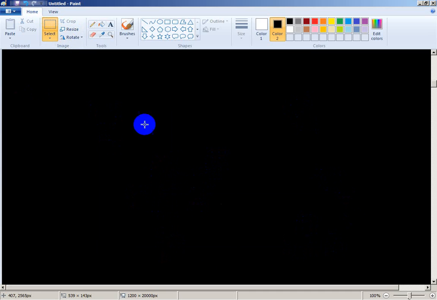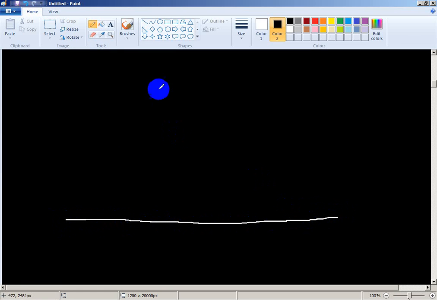X-axis. Okay, this is right. You draw properly at your house.